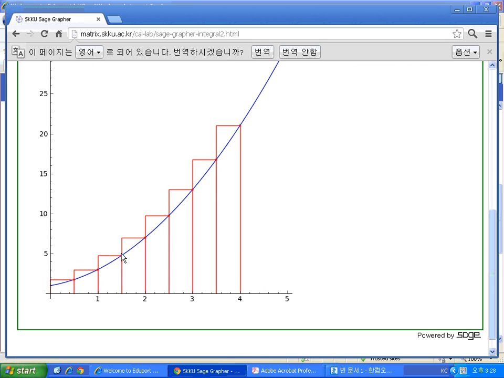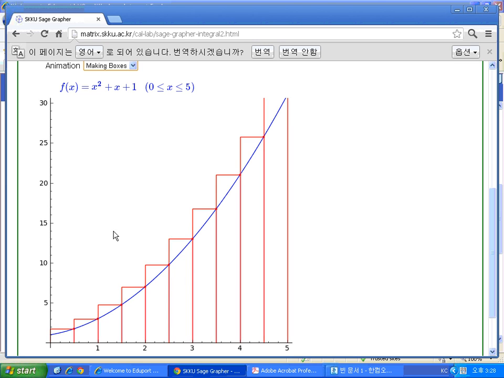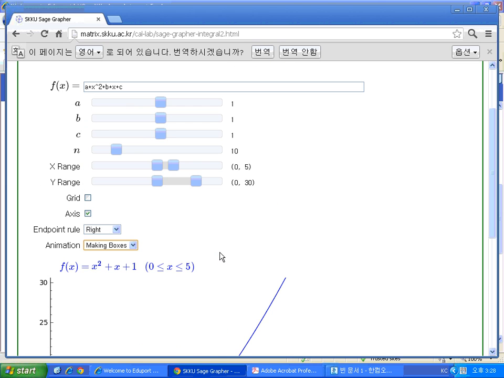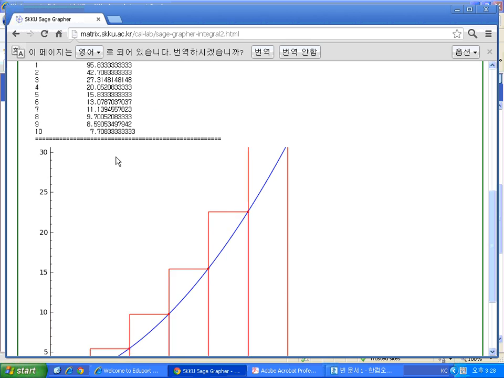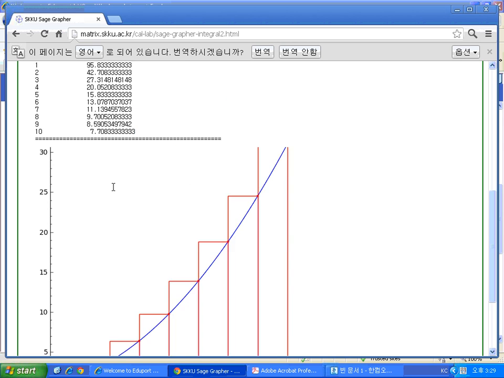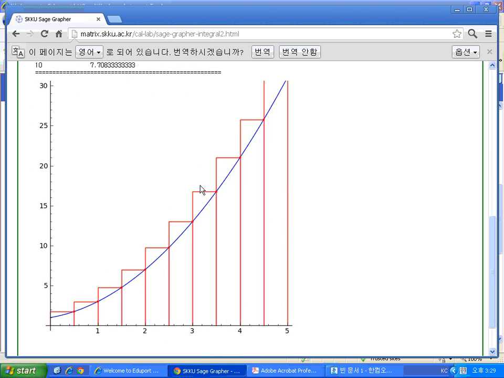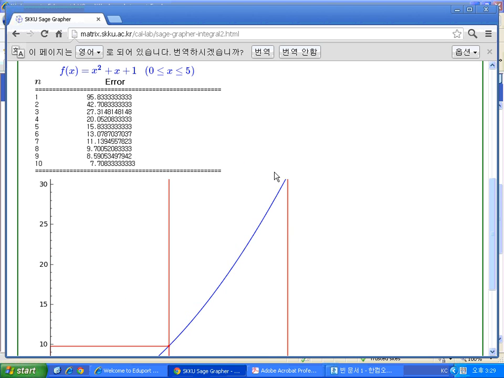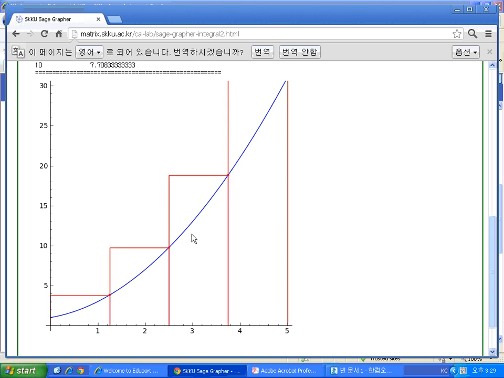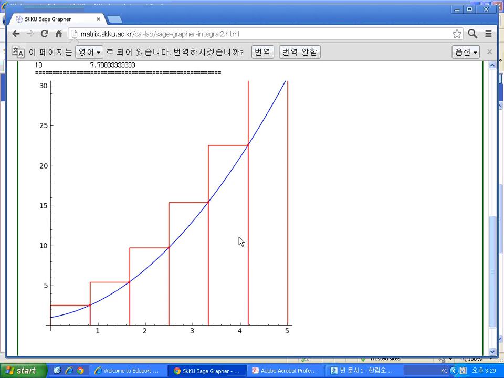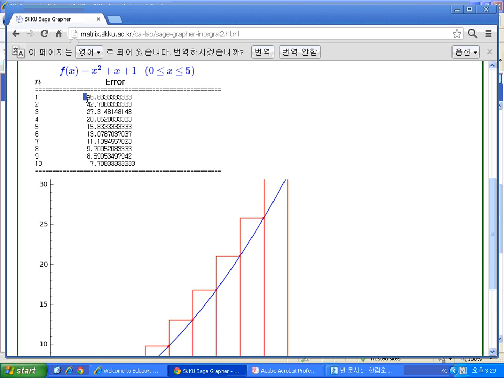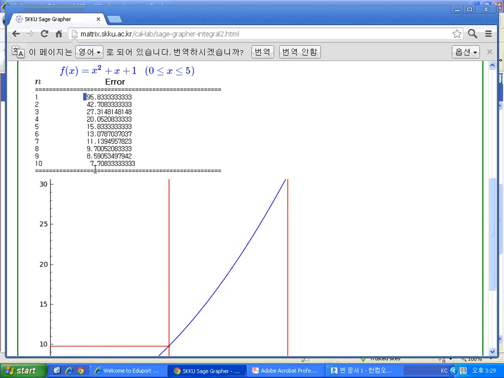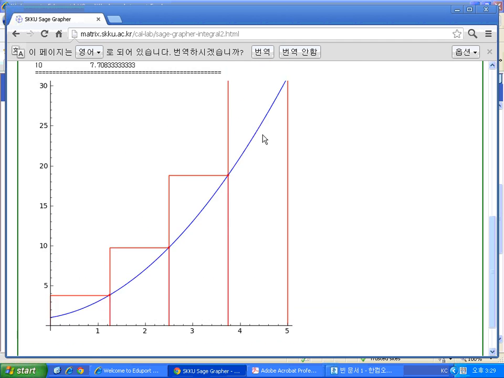If you have 10 boxes, then this summation gives you the numbers. It also shows the area, and these are the errors for the number of boxes.